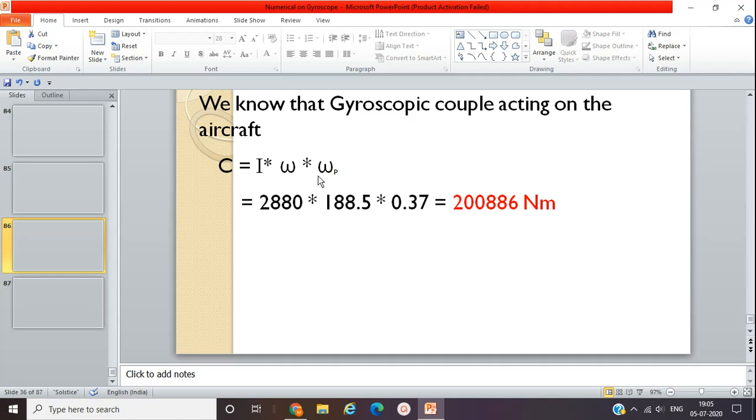That's why we convert the velocity into meter per second. So omega p will be equal to v by r, where r is the radius of curvature. Once all these values come together, giving I, omega and omega p, at the end we put them into the final formula, and we will have the value of the gyroscopic couple acting on any body.